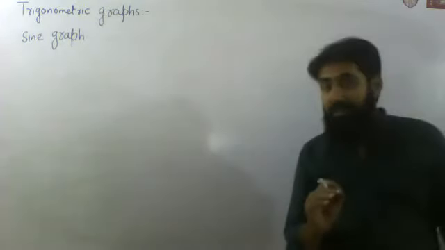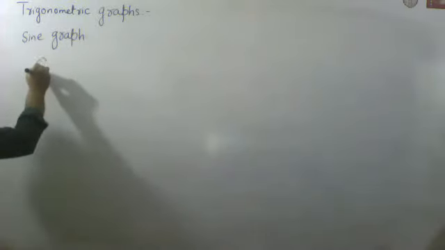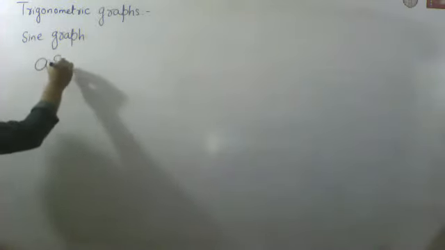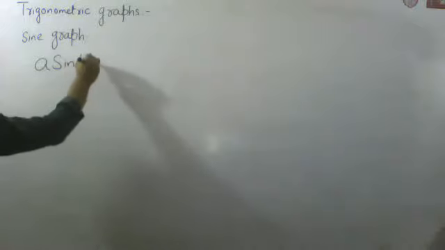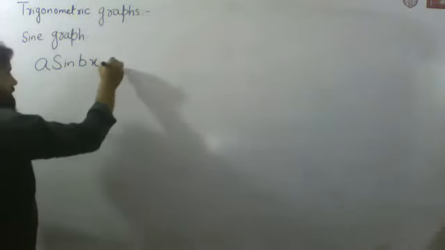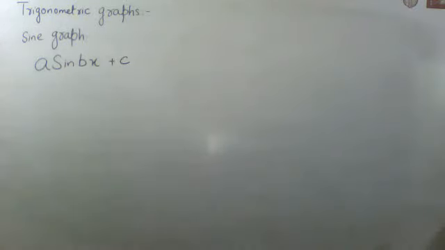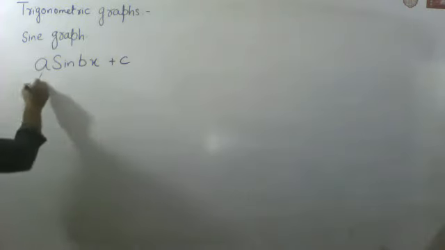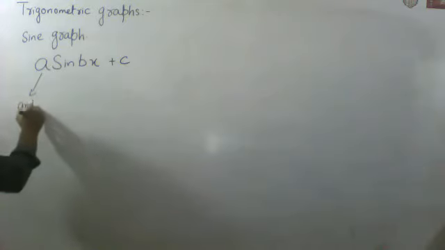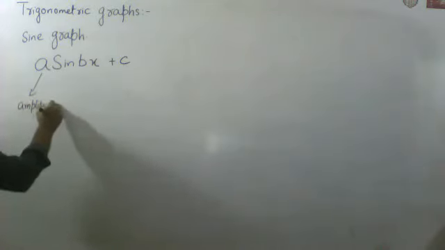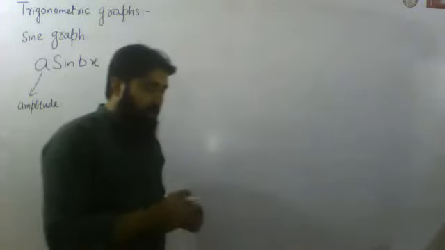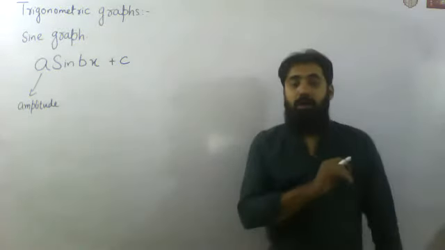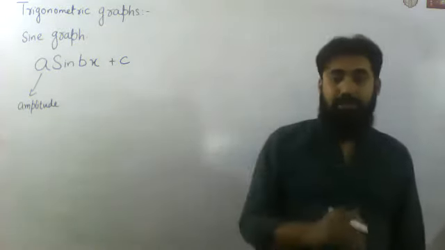Now, when it comes to graphs, the basic concept is how we will be giving the question to you. The question can be given in this way: A sine bx plus c, in which A will tell you about the amplitude, how much distance will be there from the initial line to the maximum or minimum.